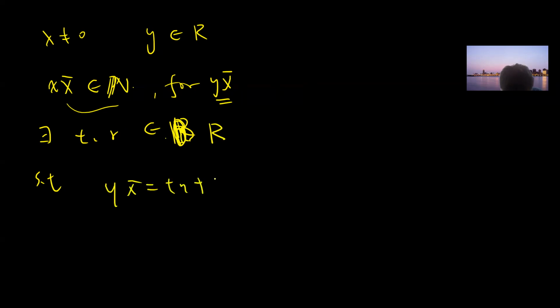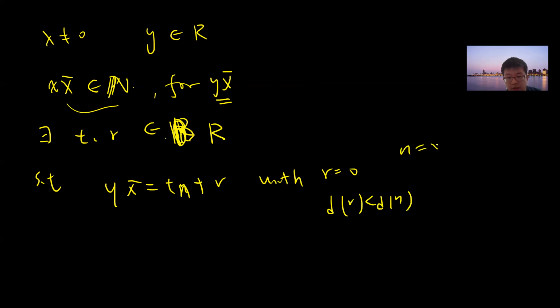Our result says that we can find t and r in the ring such that y x bar is tn plus r, with r equal to 0 or d of r less than d of n, and n is x bar x.